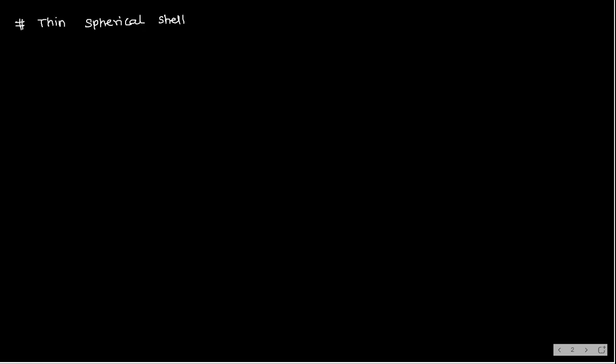Right. So see, directly I am giving the formula now. No need to derive this much big. So see, thin spherical shell, they will give you like this. One shell is there.